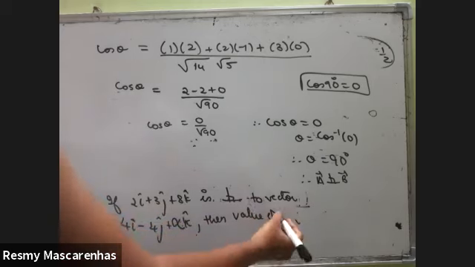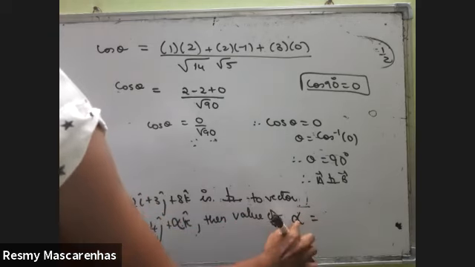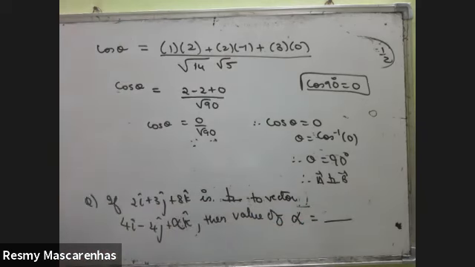This symbol is alpha. If these two vectors are perpendicular, then find the value of alpha.